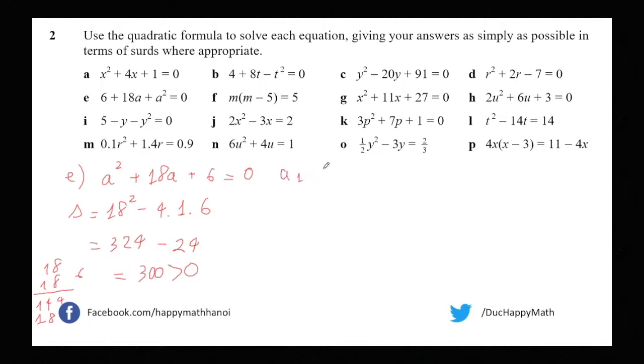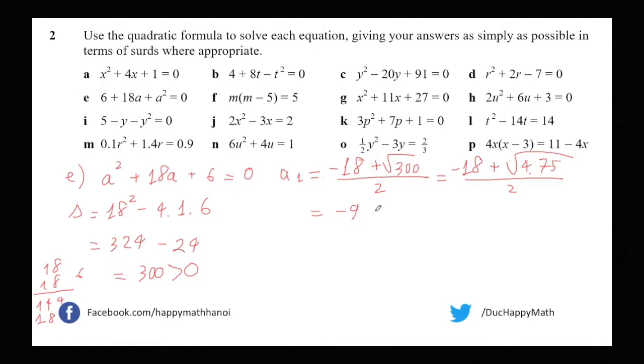So a1 will be equal to minus b plus the square root of the delta divided by 2. So I separate this one, equal to 4 times 75, to make the calculation easy.